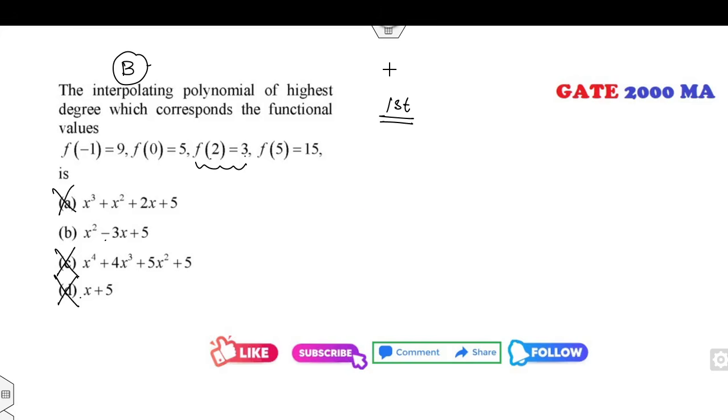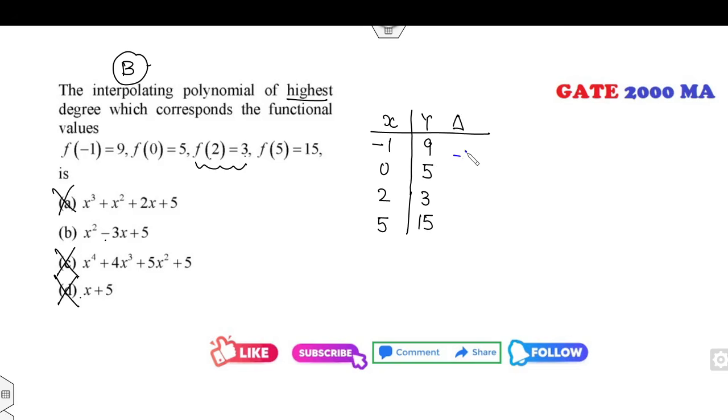Fine. The second method is, because our target is to find the degree, I can draw the divided difference table. x values: minus 1, 0. Are they equally spaced? No. f values: 9, 5, 3, 15. Can you draw the difference table? Minus 4 divided by 1, it's minus 4. Minus 2 divided by 2, minus 1. 12 divided by 3, 4.